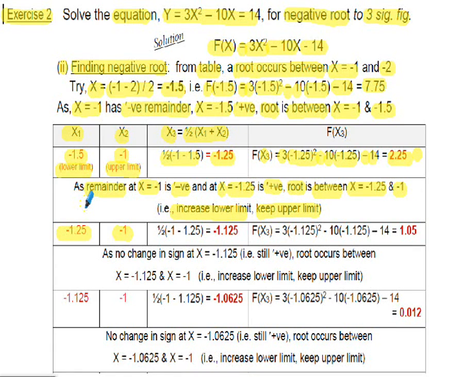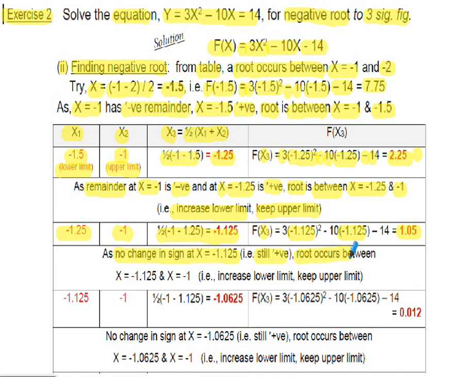We go through exactly the same process as for iteration 1, working out the value of x3 from the average of x1 and x2 and putting the value of x3 into our equation for the function of x, and we get a remainder of 1.05. Again, that's a positive remainder, so there's no change in the sign at x equal to negative 1.125, still positive.